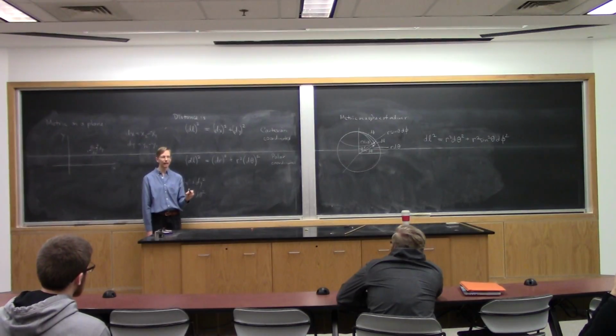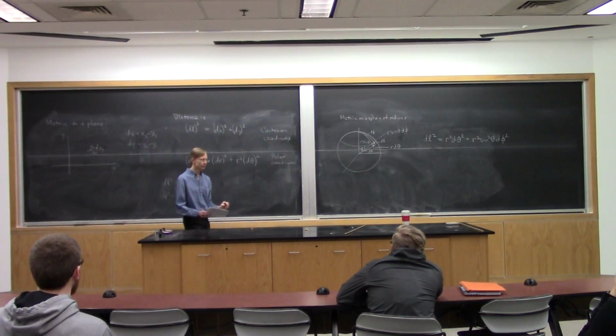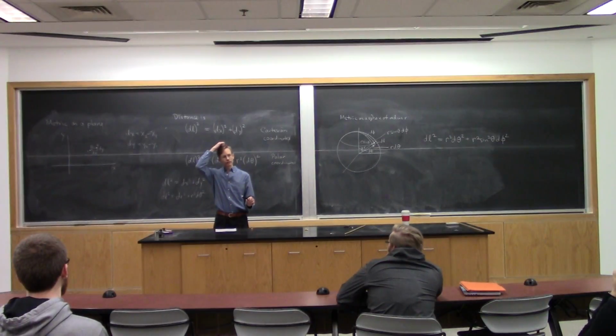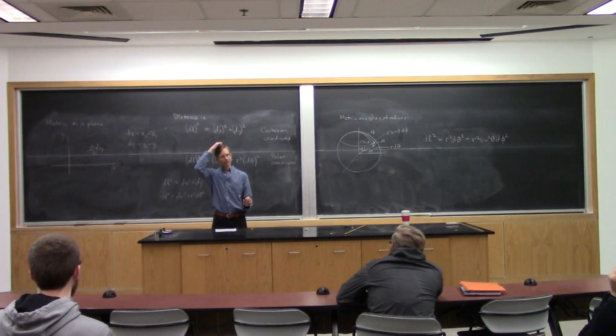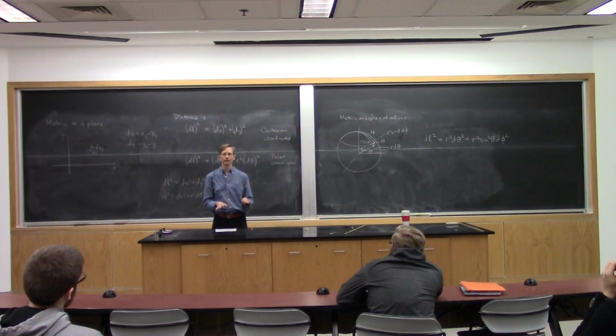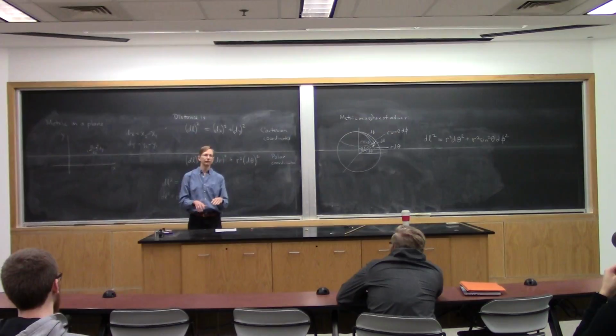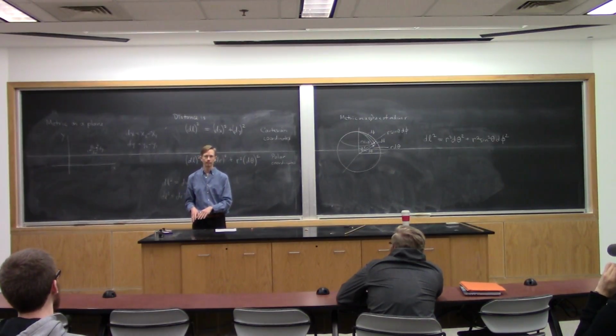You cannot find a Cartesian coordinate system that covers the surface of the sphere. In other words, while you can produce what's called a local Cartesian coordinate system, you can't find a global Cartesian coordinate system. There is no choice of coordinates where the metric on the surface of the sphere is everywhere dl squared equals dx squared plus dy squared.